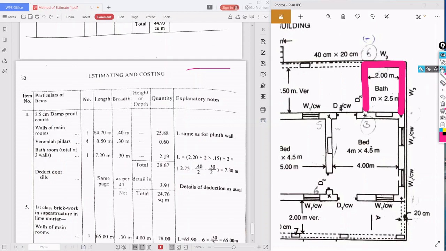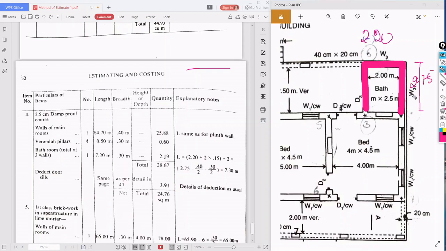This is 2.2 by 2 plus 0.2 by 2, so it is 2.20. What is the height from here to here? That is 2.5. 2.5 plus 0.2 by 2 here, plus 2.5 plus 0.3 by 2. It will be 2.75.